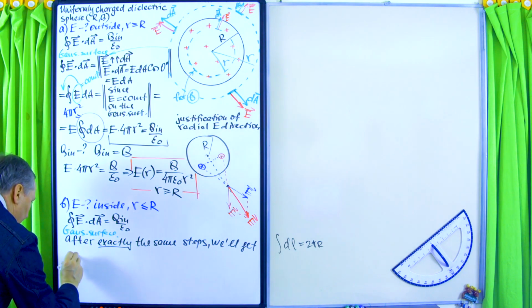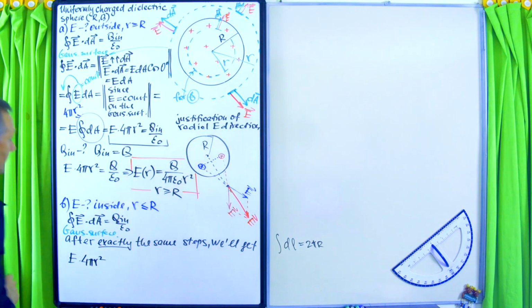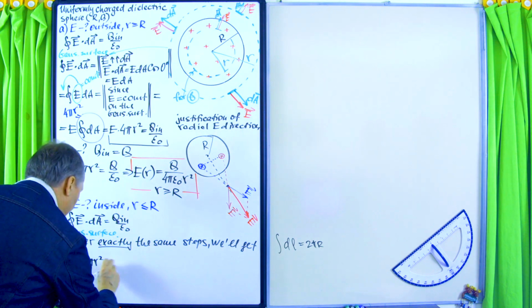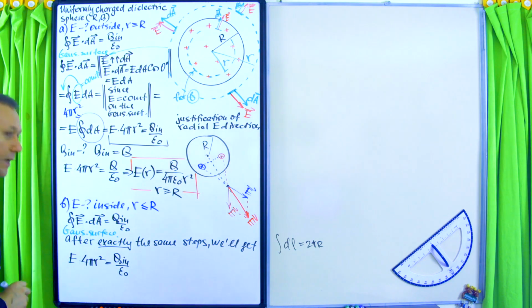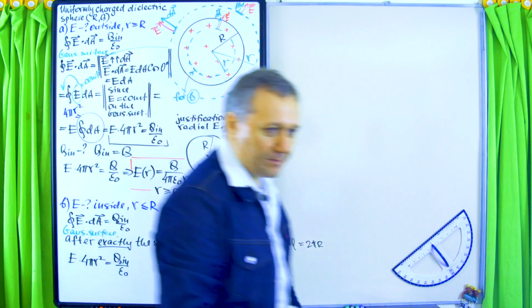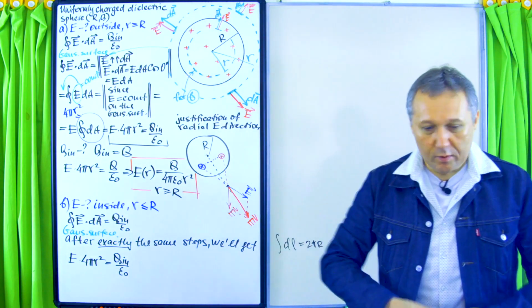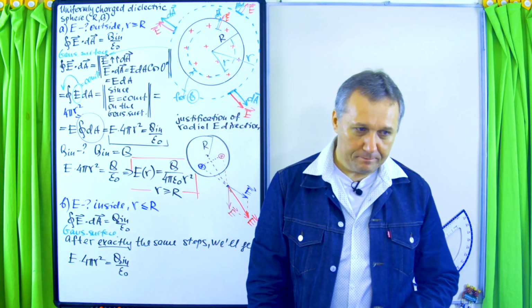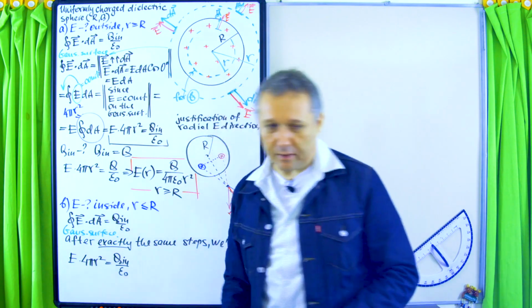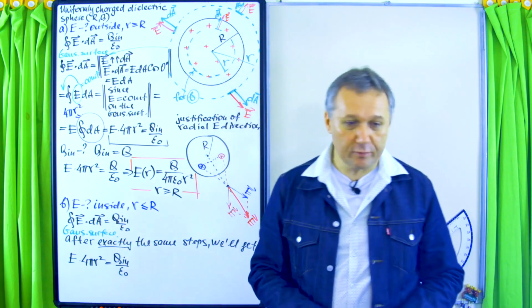So it will be E times 4 pi r squared equals Q enclosed over epsilon naught. And now, basically, again, we just calculated the electric flux as a function of r. And now we just need to take care of Q enclosed.